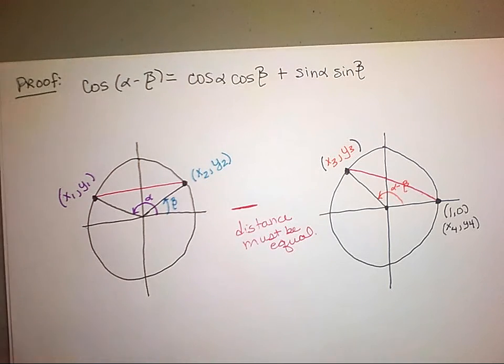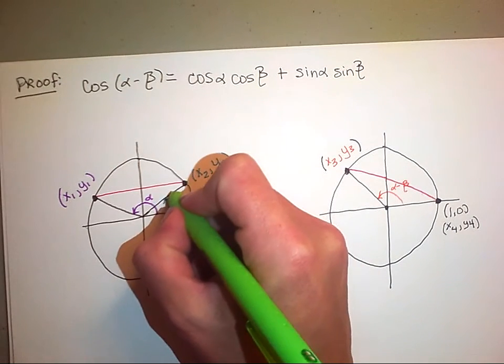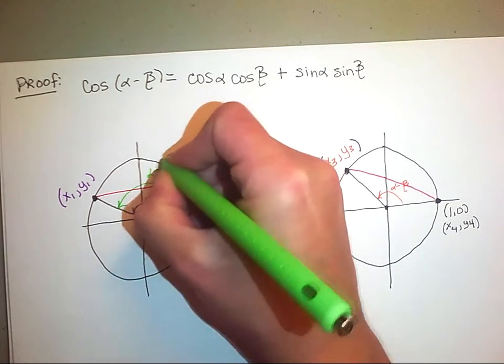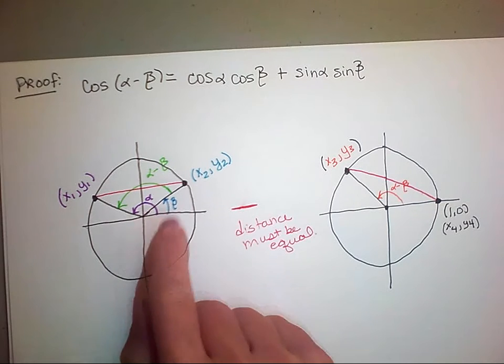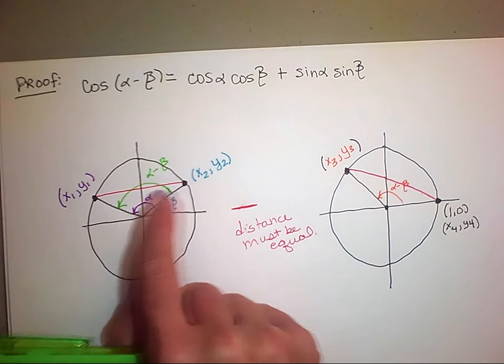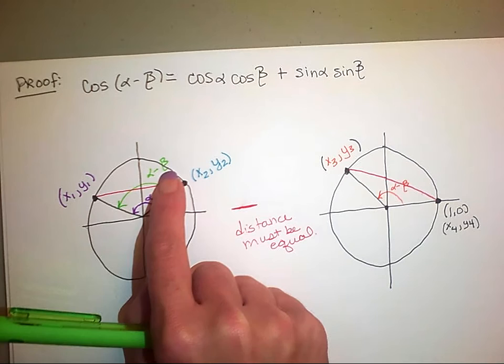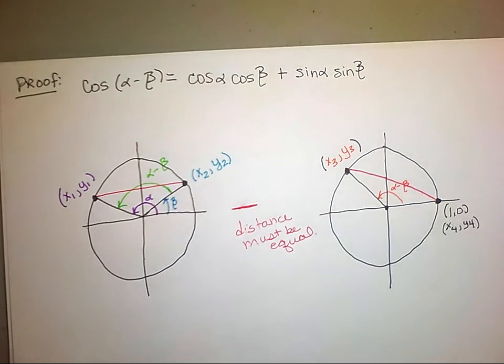And then what is helpful about that is this middle angle in between here and here stays as alpha minus beta. So if all the way around is alpha and from here to here is beta, then the difference between those two angles must be alpha minus beta, and the distance must be the same as here.